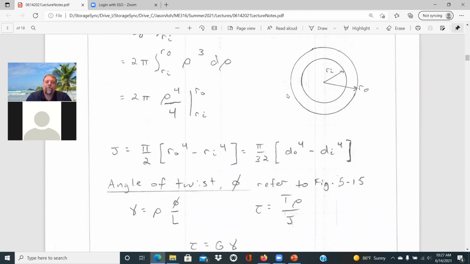And so you can only get away with that so far in terms of increasing the radius and moving that material out there, because you'll run into a point where elastic stability is an issue, and it will cause the shaft to buckle under those torsional loads.